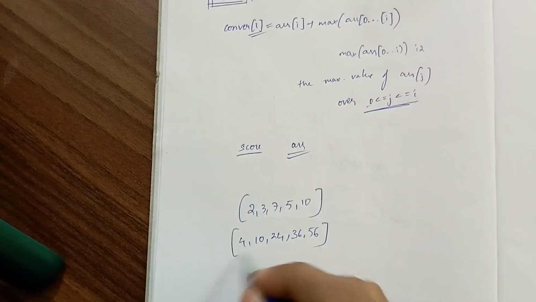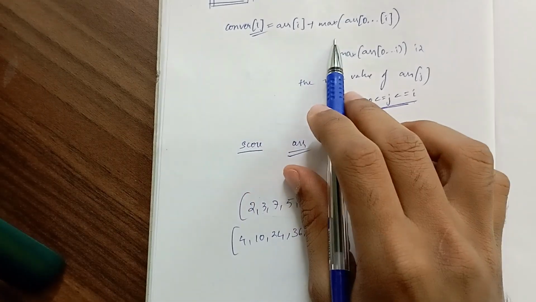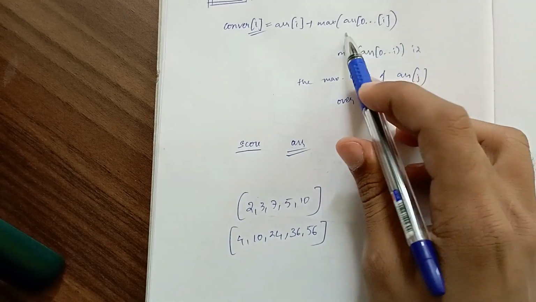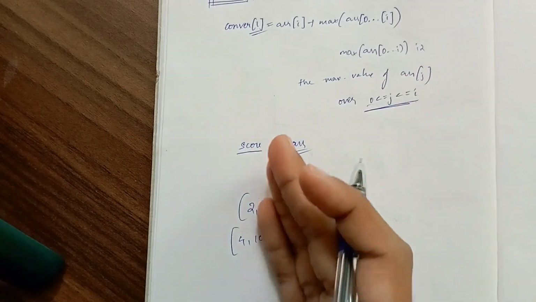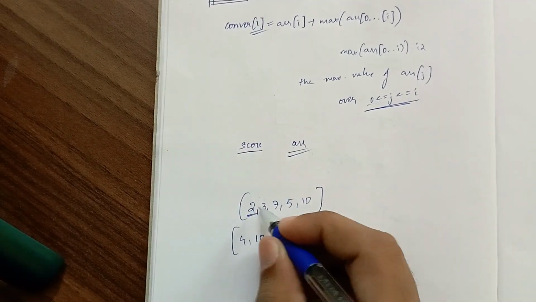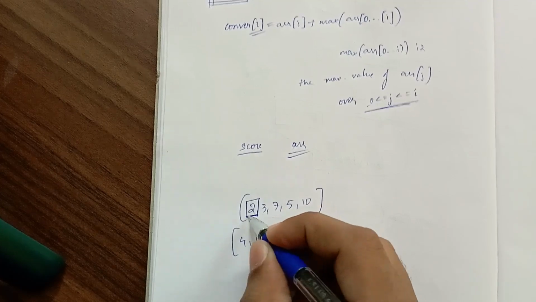Now if you see array of I plus maximum of array 0 to I, that means the maximum from the previous elements. So what will be the maximum for this element?